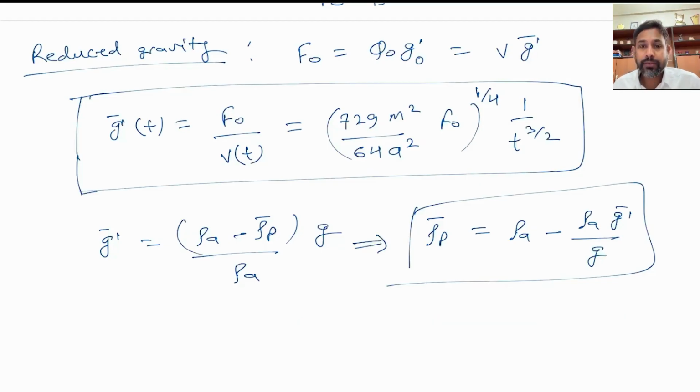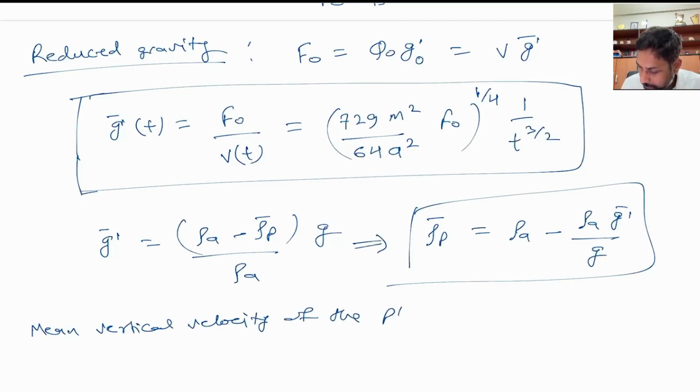Now, by considering one of the equations that we derived, we can also find the plume velocity, the mean vertical velocity of the plume. That is W bar.